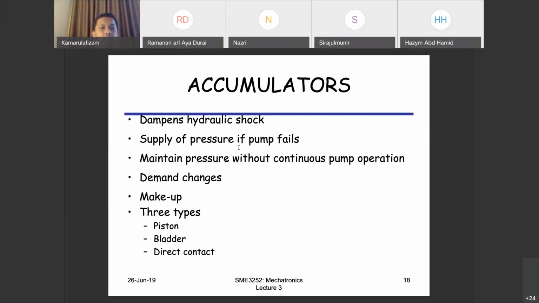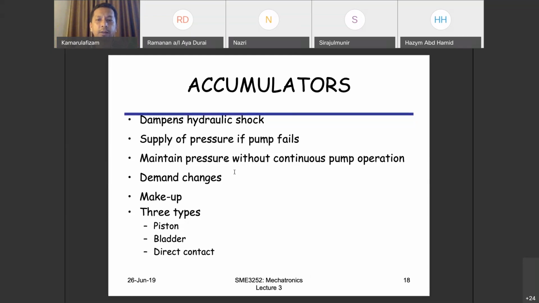Okay, so point number 2, supply the pressure if the pump fail. Okay, and accumulator juga dia maintain pressure without continuous pump operation. Dia macam air compressor. Bila you dah compress air masuk dalam satu tangki, dia punya compressor dia dah boleh matikan, but still you boleh pakai dia punya angin tu sampailah pressure dia drop, baru pump akan jalan semula untuk build more pressure to the fluid lah.